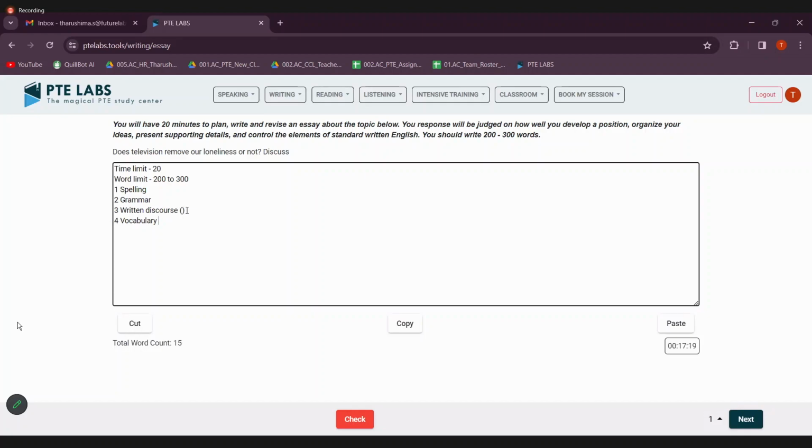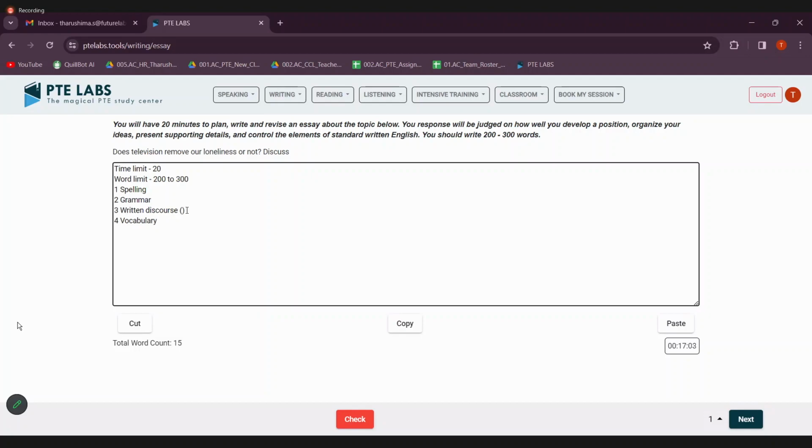Even here, if you were given two questions, you will be given two separate 20 minutes, but again, marks are not given to you separately, right?